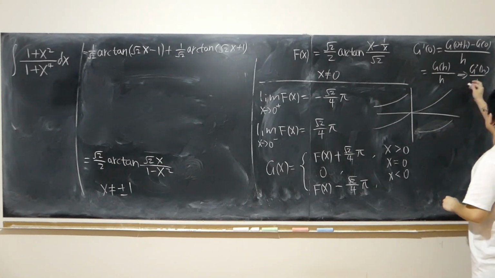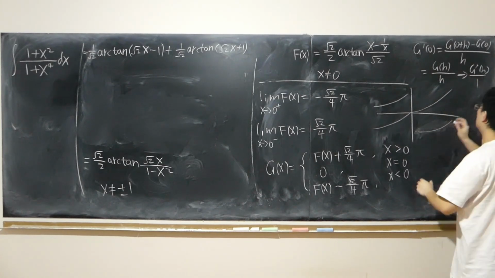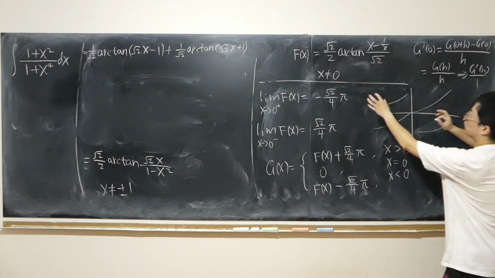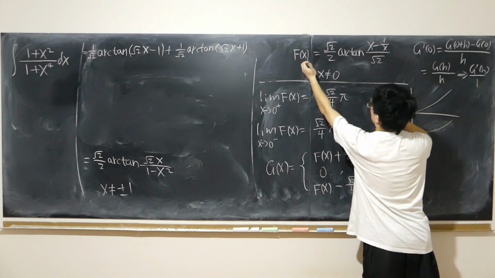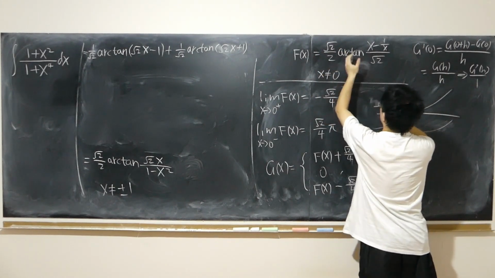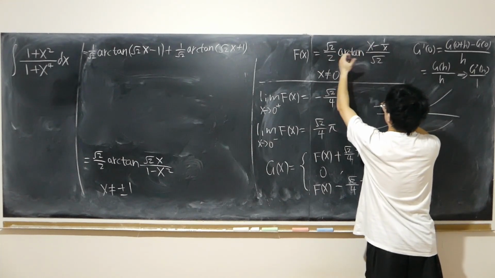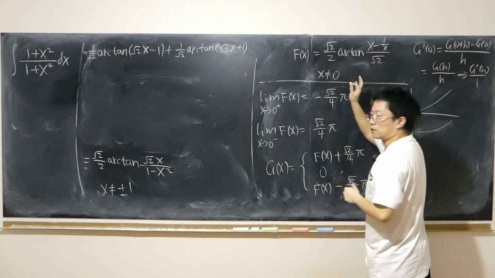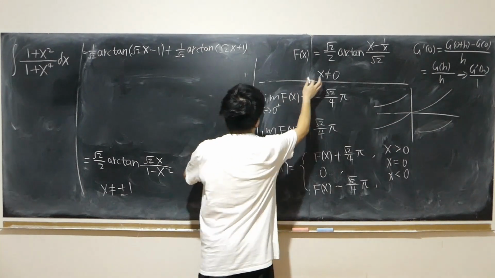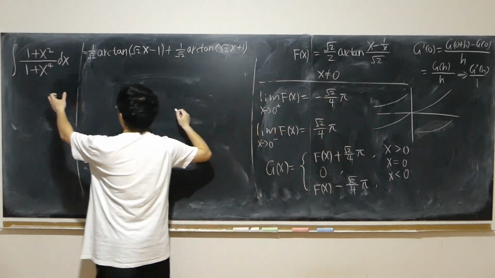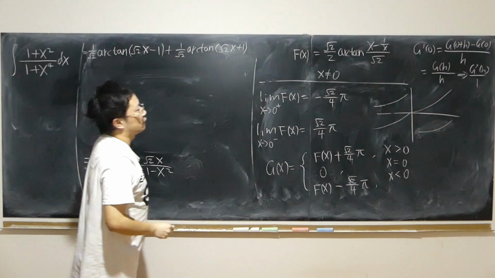h approaches 0, but h not equal to 0. So for g prime of h, I can use f prime of h. This is allowed. So differentiate, I'm just going to skip over the details. The derivative of this is straight up this.